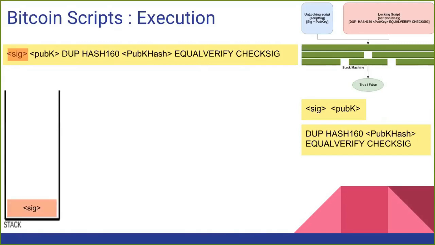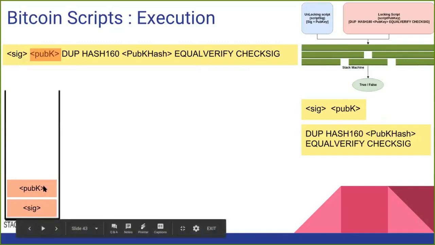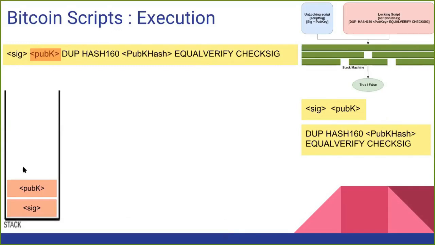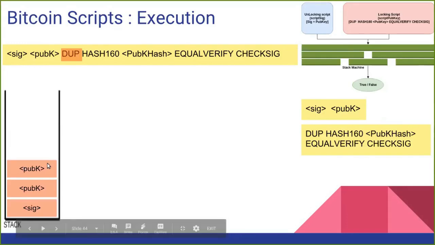First the item at the execution pointer gets pushed into the stack. The next thing also gets pushed into the stack. The next is dupe. The dupe instruction takes the first element from the stack, duplicates it, and pushes it back. So it duplicated the first element.